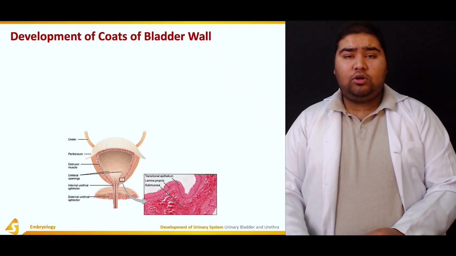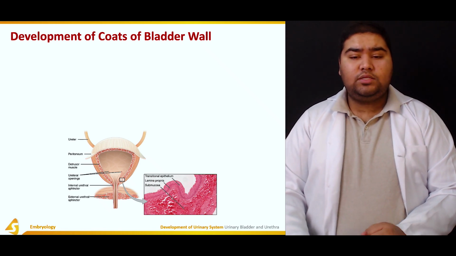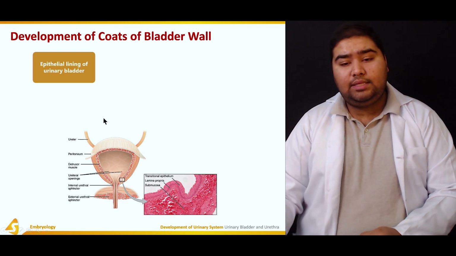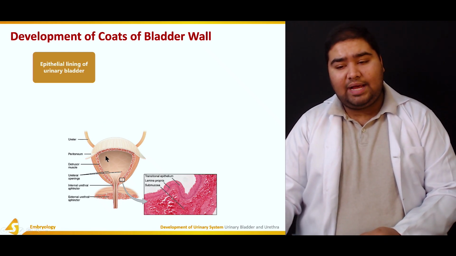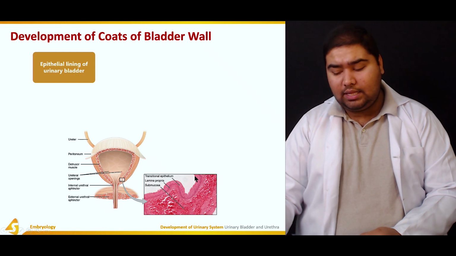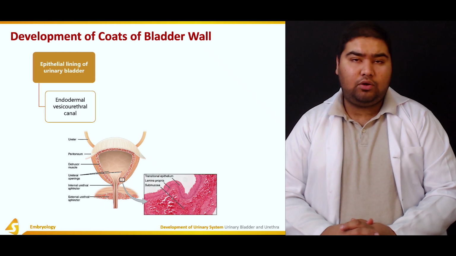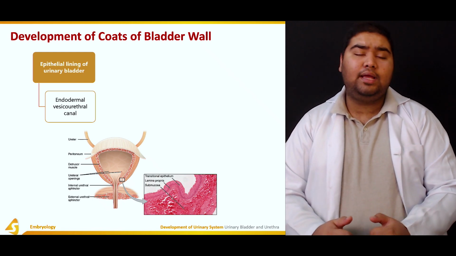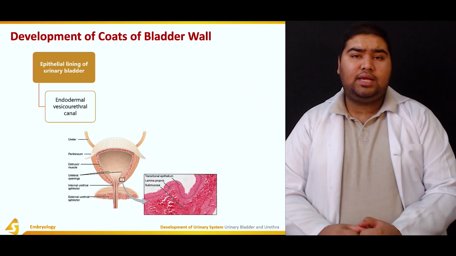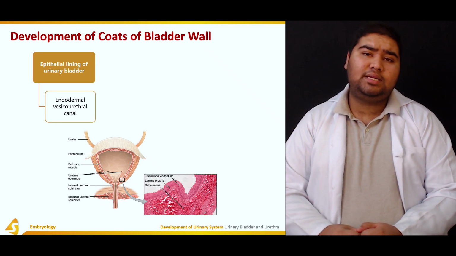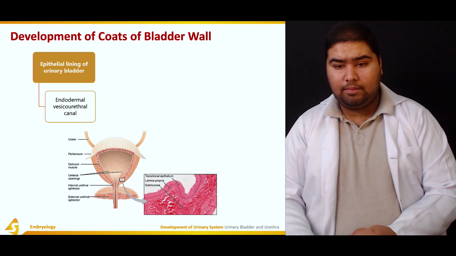So now we'll talk about the development of various coats of the bladder. The epithelial lining of the bladder, the innermost layer of the bladder, is endodermal in origin. So the endodermal lining of the vesico-urethral canal is responsible for the transitional epithelium that is present in the urinary bladder.